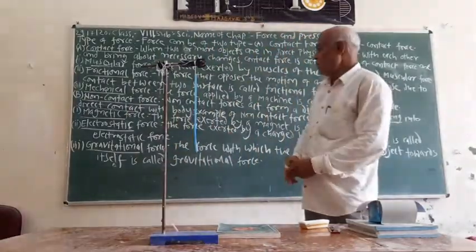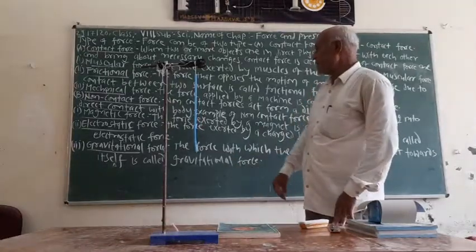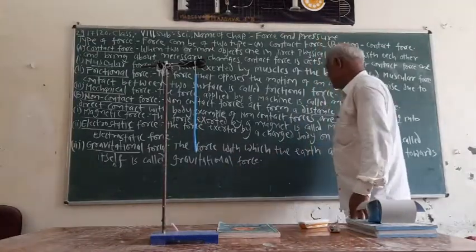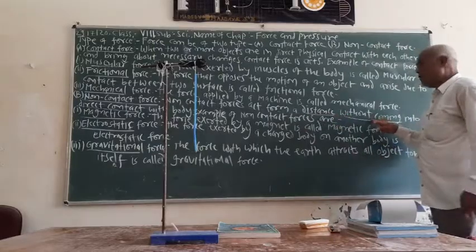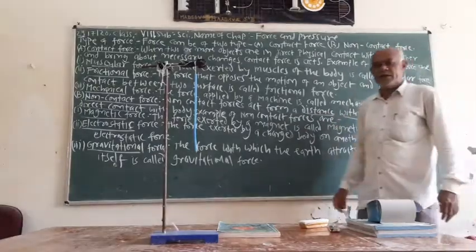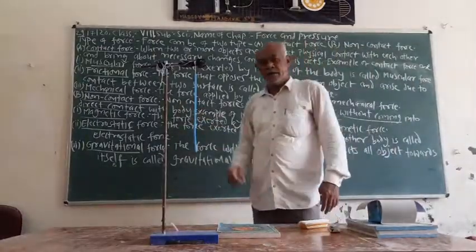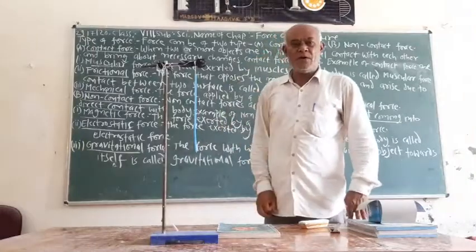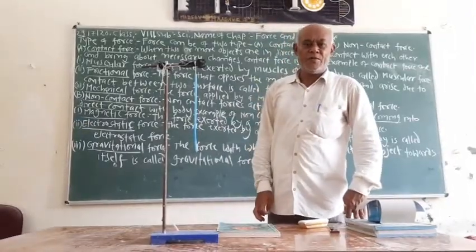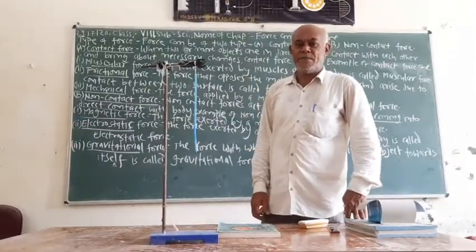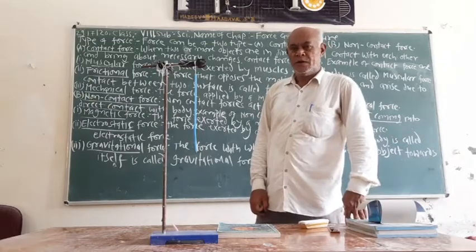So this force acts from a distance without the two bodies coming in contact, which is an example of non-contact force. Therefore, magnetic force is an example of non-contact force.